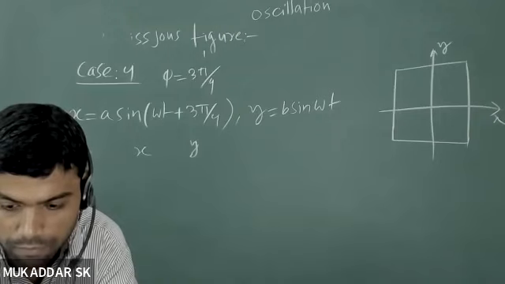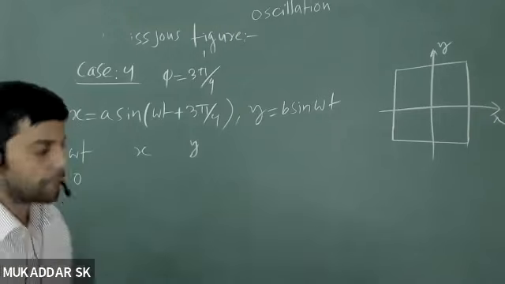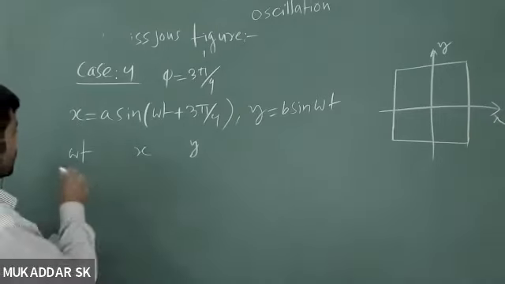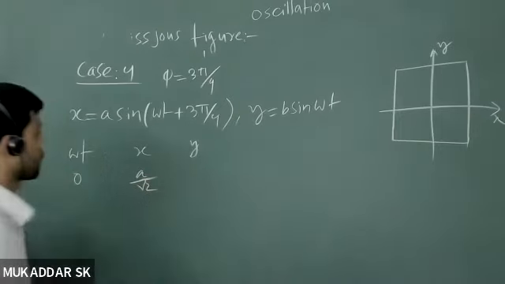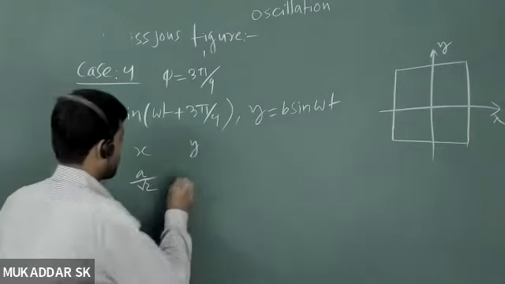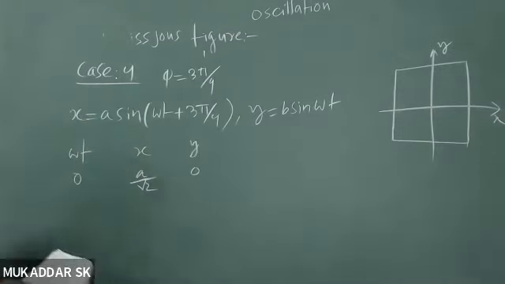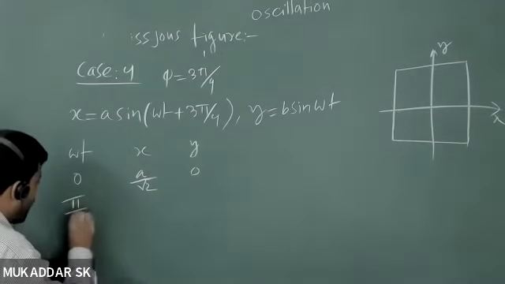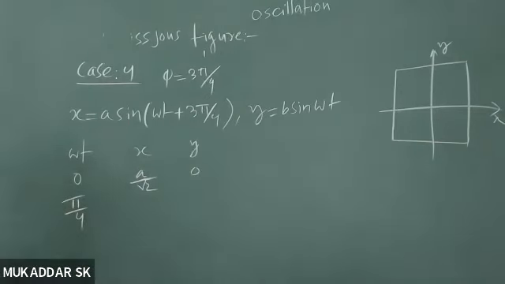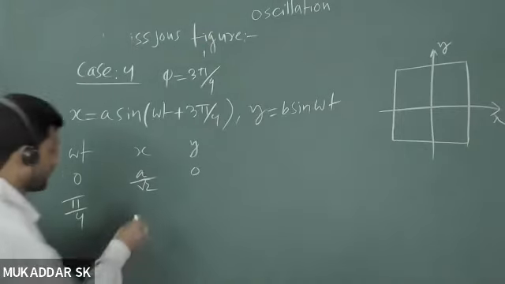A by root 2, right? So X equals A by root 2, and Y equals 0, right? Now when omega t equals pi by 4, what will be the value of X? It will be 0, right?